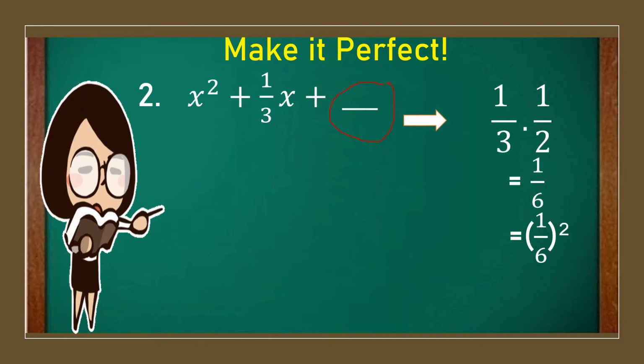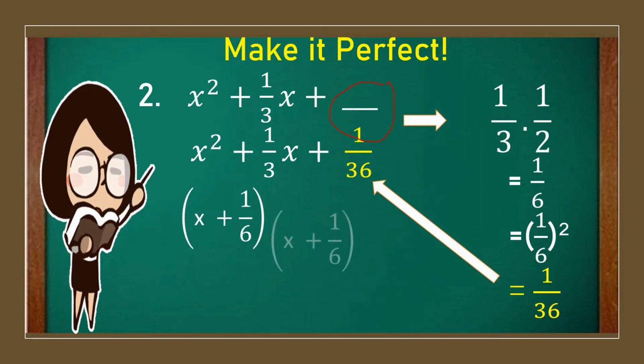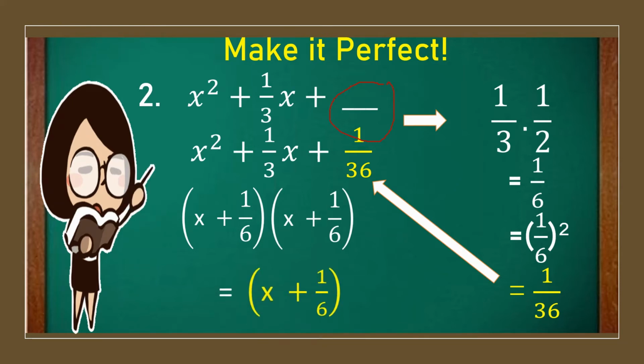So, 1/6 times 1/6 is equal to 1/36. And that is our last term. x squared plus 1/3 x plus 1 over 36. Let's factor now. So the factors are the quantity x plus 1/6 times the quantity x plus 1/6. And the square of binomial is x plus 1/6 quantity squared.